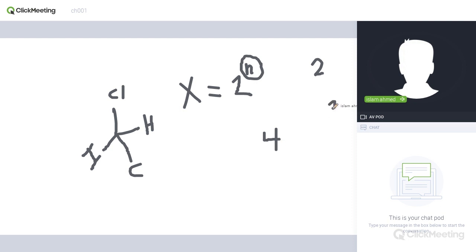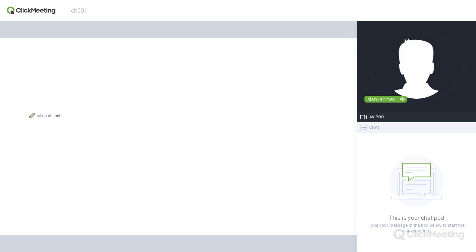If I have 3 chiral carbons, I will have 8 isomers. What's the definition of chiral carbon? Yes, correct: a carbon that is attached to 4 different groups. That's correct, 100%.